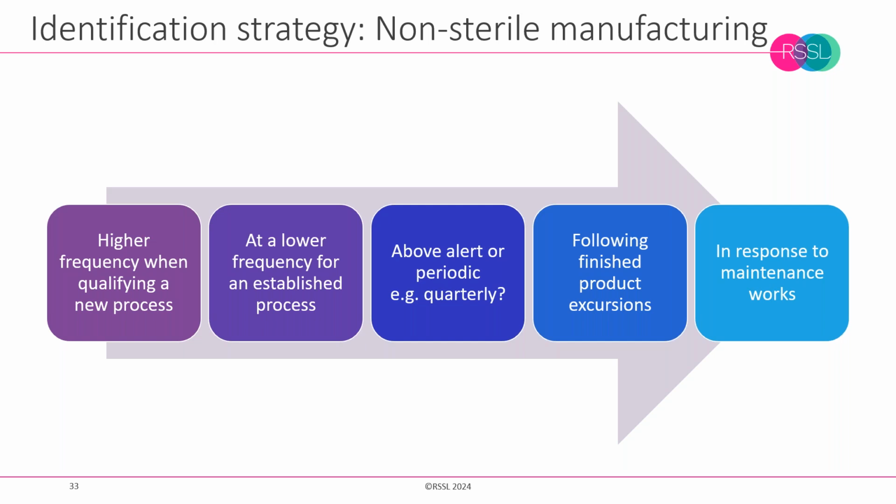Often when we're introducing, qualifying a new process or an area, we would start off with a greater level of identification, and we then might reduce that as we gain an understanding, and then look at a level that we can at least understand the points of risk.